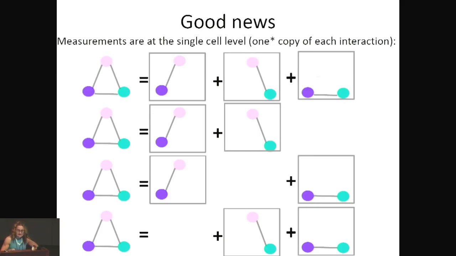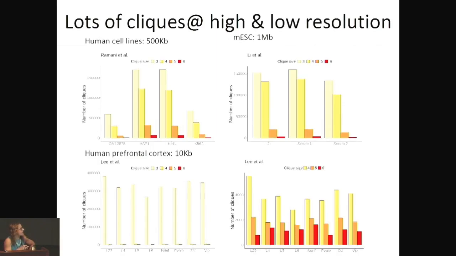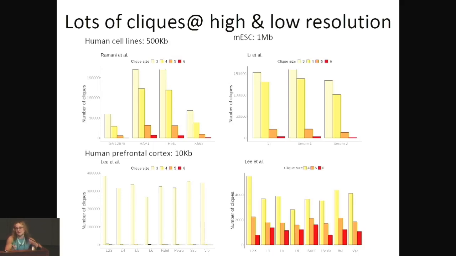So that was the insight we had, and then we said, let's look at the actual single-cell HiC data and ask whether we are seeing cliques. And then we did this for a number of different single-cell HiC data sets at low resolution and high resolution, and you see quite a lot of cliques, lots of three-way cliques, and then fewer four-way, five-way, and six-way cliques. And you rarely see more than six-way cliques.